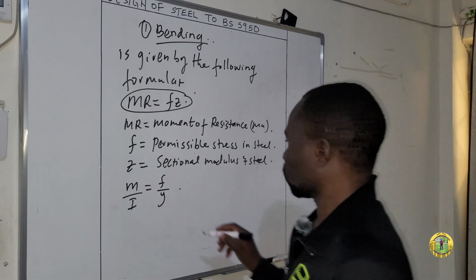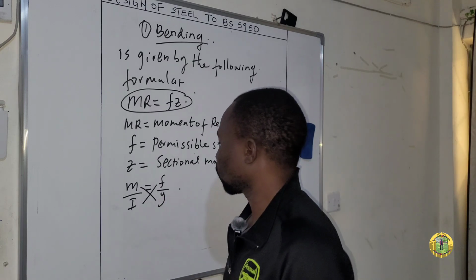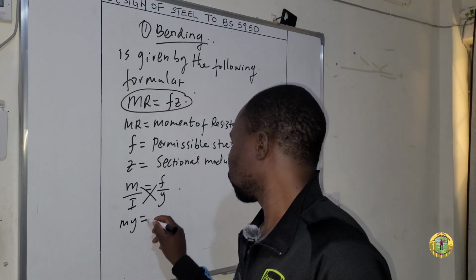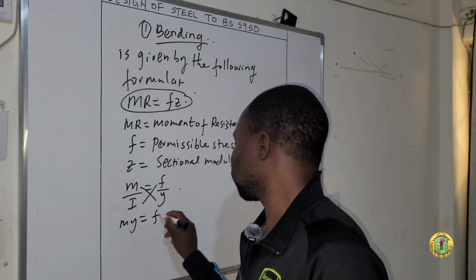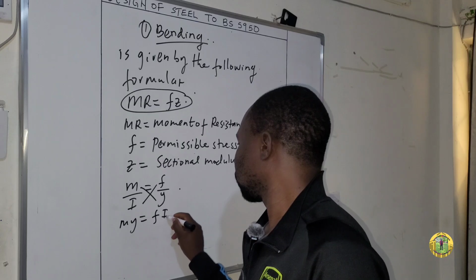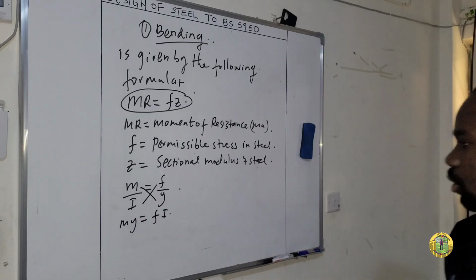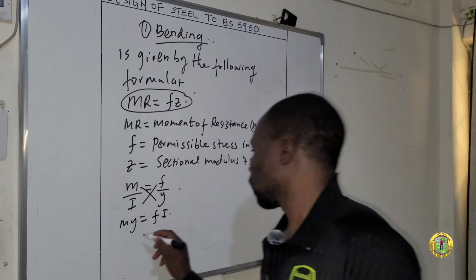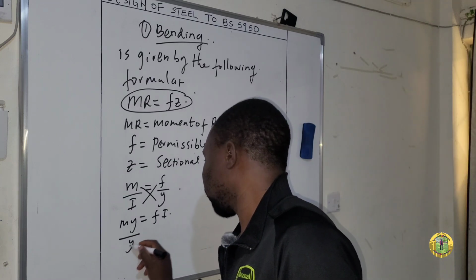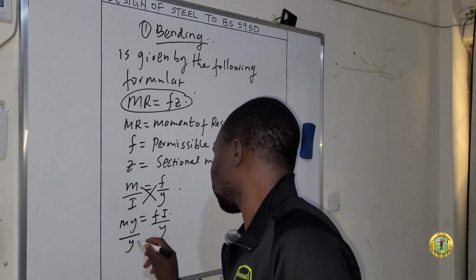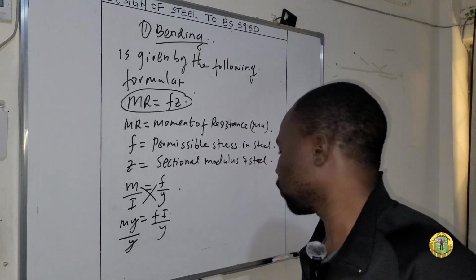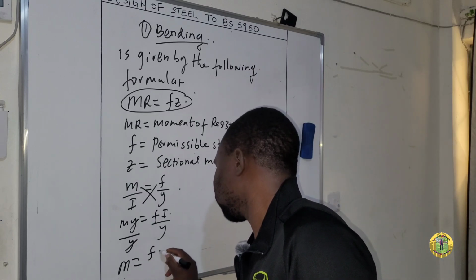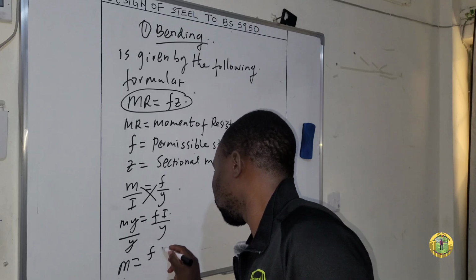If I cross multiply, I will get MY is equal to FI. Then I divide both sides by Y.